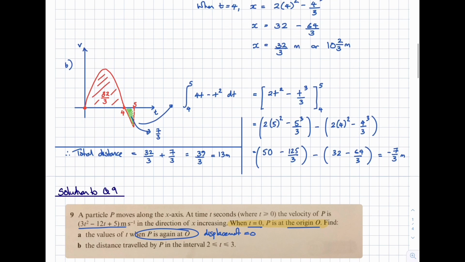Draw the graph of v against t to help you understand what the question is really asking for. Again, it's optional, it's not necessary, but you may find it really useful when it comes to tackling questions involving variable acceleration.